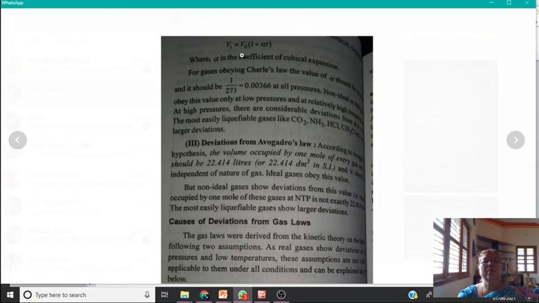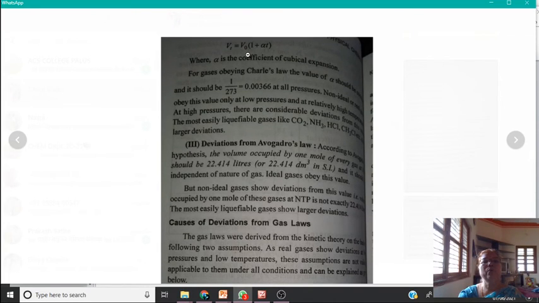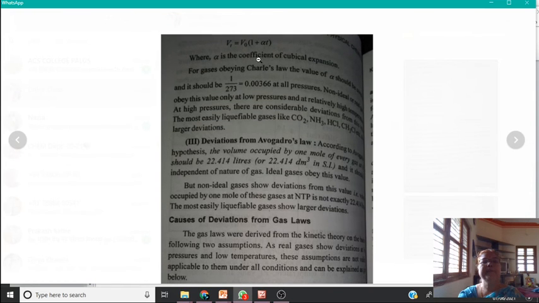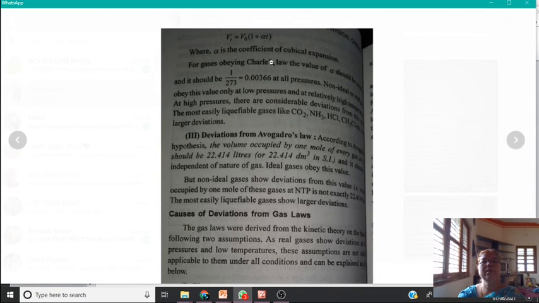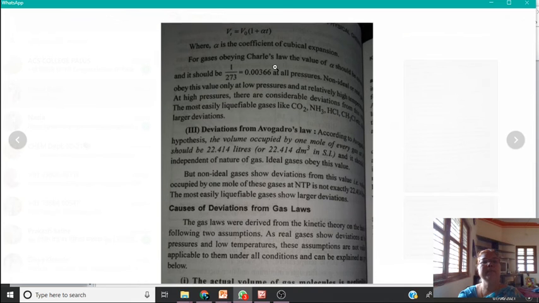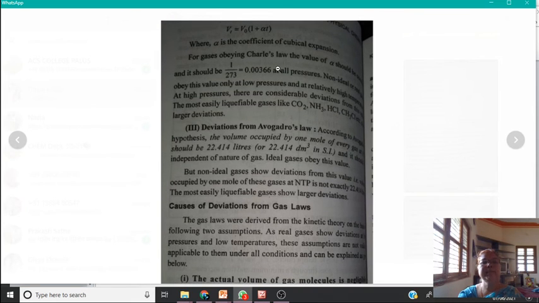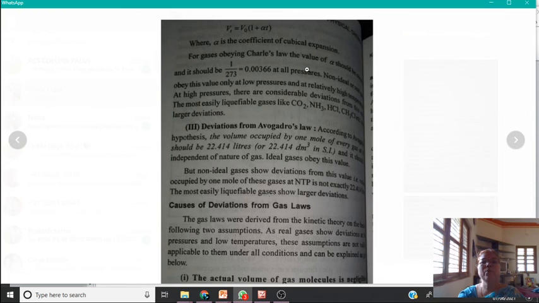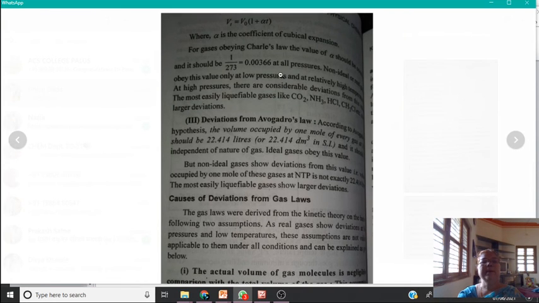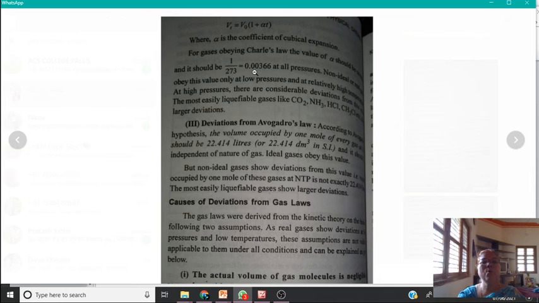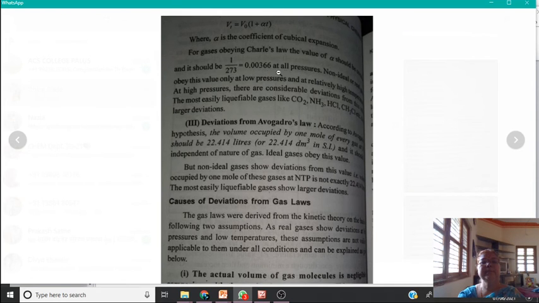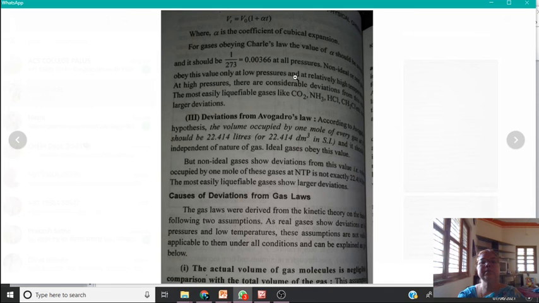Vt equals V0 in a bracket 1 plus alpha T, where alpha is the coefficient of cubical expansion. For gases obeying Charles' law, the value of alpha is 1 upon 273, and this ratio becomes 0.00366 at all pressures.